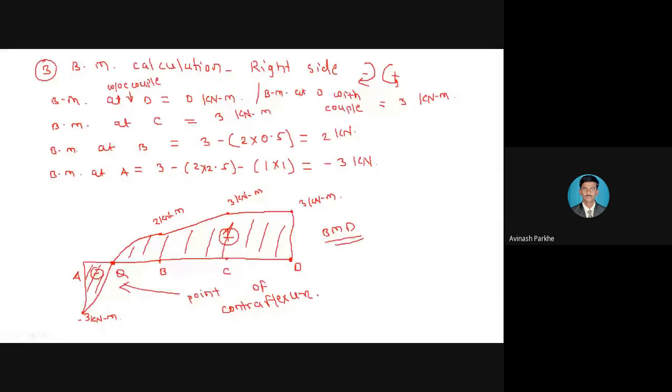Therefore, this point Q is called a point of contraflexure, as well as it is the point at which bending moment is 0. You can see this horizontal line represents the 0 line, and this point Q is also present on the 0 line. Therefore, this particular point Q is called a point of contraflexure where bending moment is equal to 0.